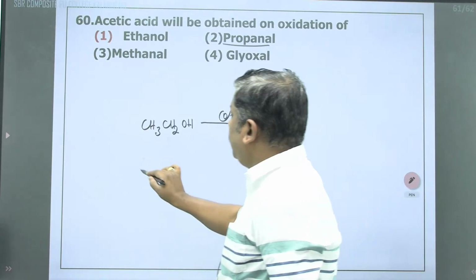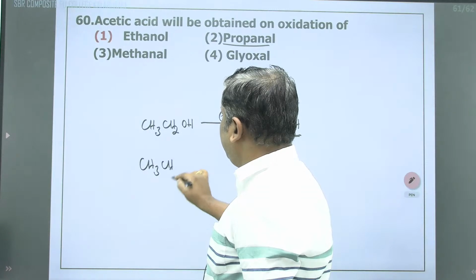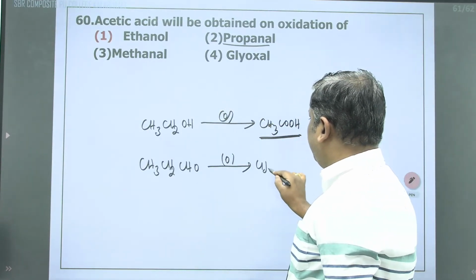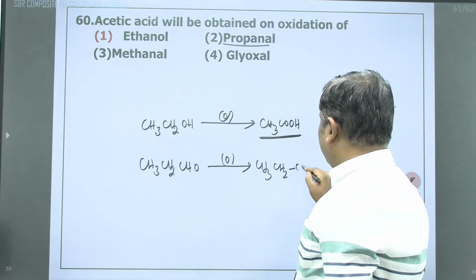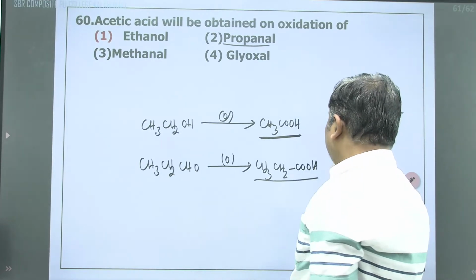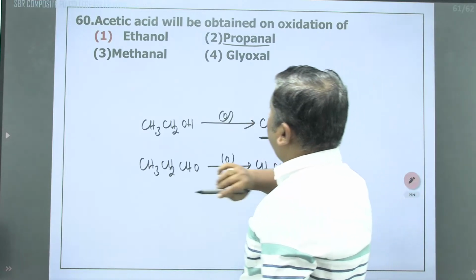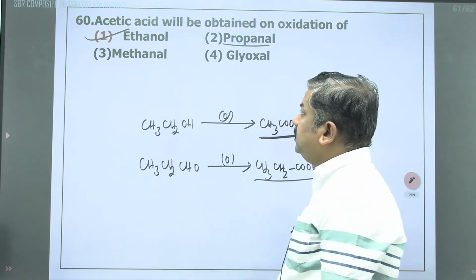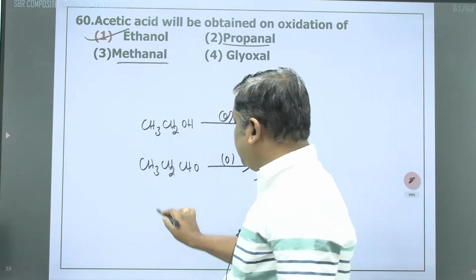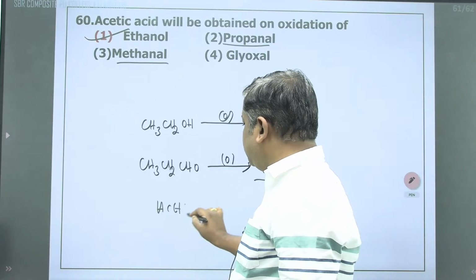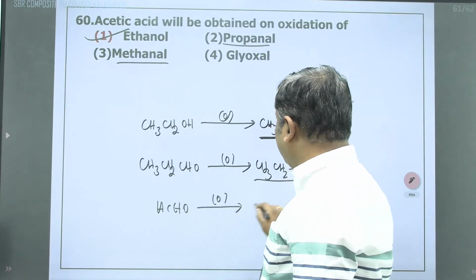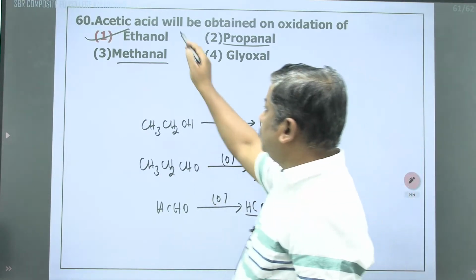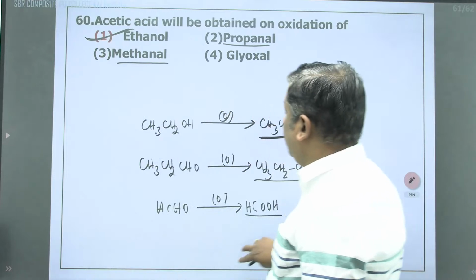Propanol, CH3CH2CH2OH, upon oxidation forms propanoic acid, but they are asking about acetic acid, so the correct option should be only ethanol. Methanol, HCHO compound, on oxidation gives HCOOH, methanoic acid. But they are asking about acetic acid. Only the first option is correct.